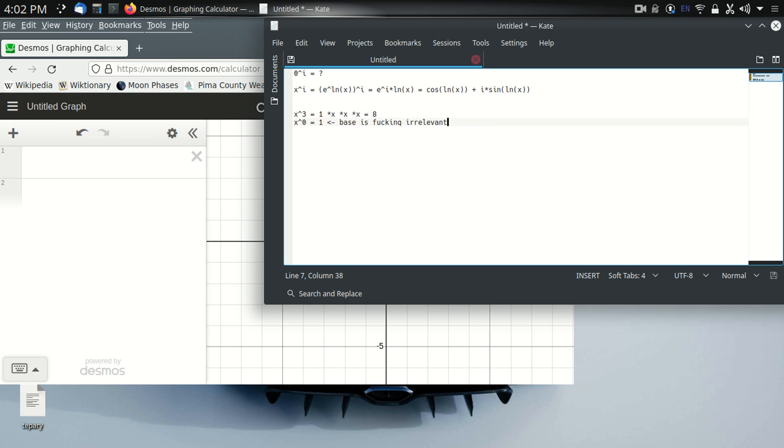Because the base does not come into play. It does not matter what your base is. Anything to the 0 power is 1 if you understand how exponents work. Conventional mathematics does not. So that's where you end up with all this confusion. But it is definitely necessarily 1.